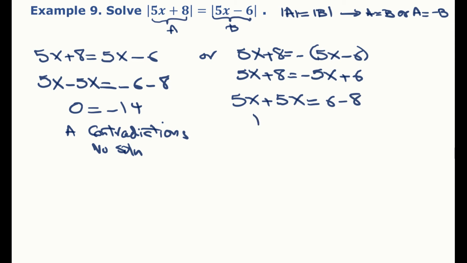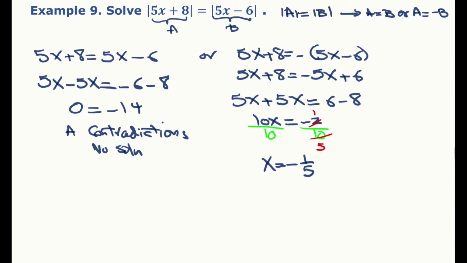So we end up with 10x equals negative 2. Dividing both sides by 10 and simplifying, notice that 2 goes into 2 once, it goes into 10 5 times. So we end up with x equals, being careful not to forget the negative, negative 1/5.